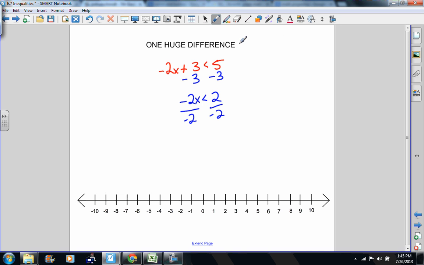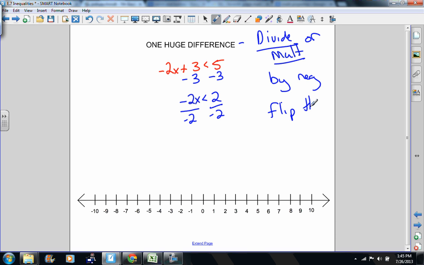If you ever divide or multiply, notice it is not add or subtract, divide or multiply by a negative number, you flip the sign. So in this case, we divided by a negative number, therefore the sign in the middle will flip. 2 divided by -2 is -1.